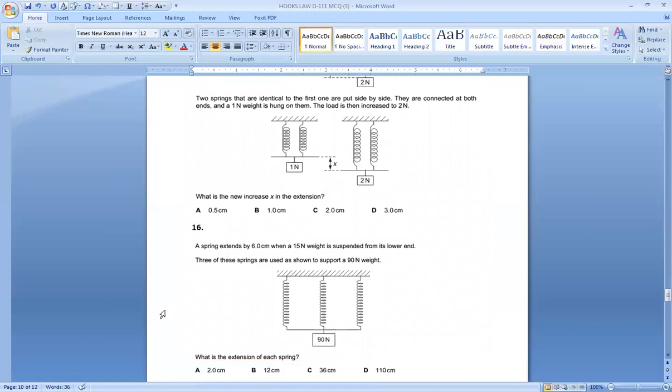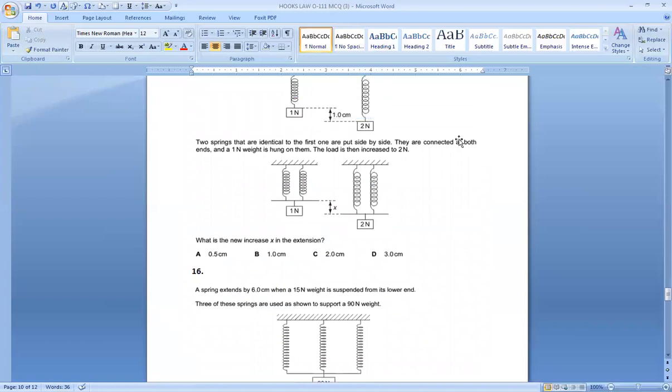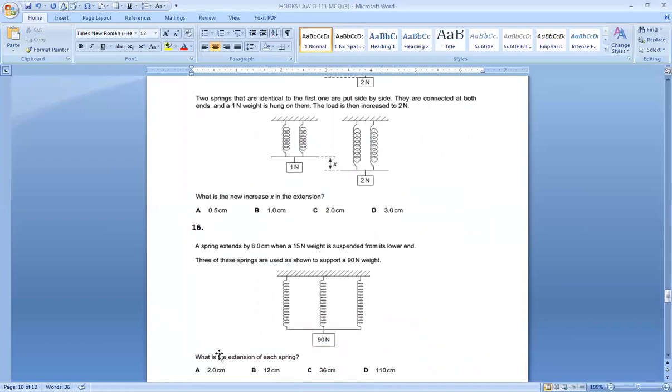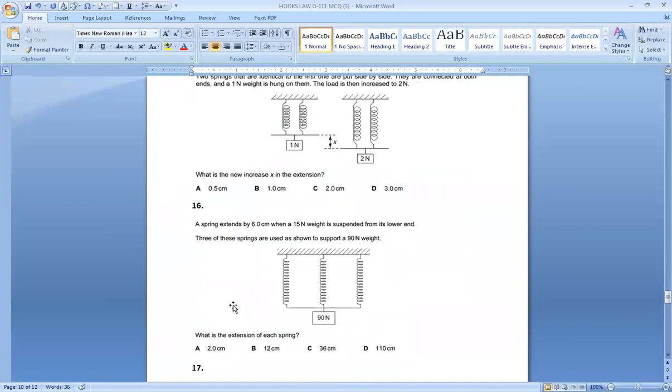Number 16. The spring extends by 6 centimeter when a 15 Newton weight is suspended from its lower end. A single spring extends 6 centimeter for 15 Newton.